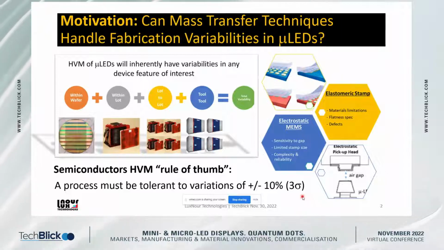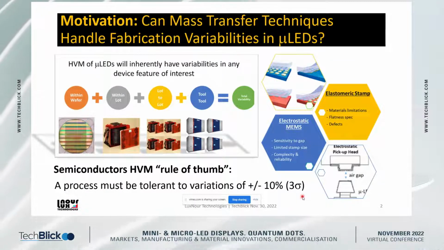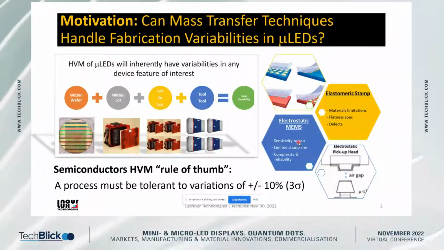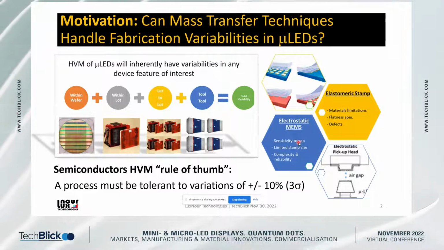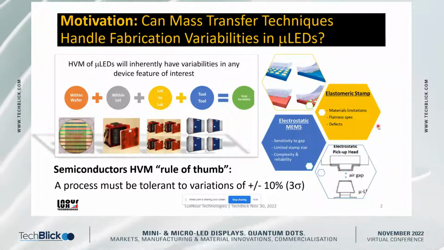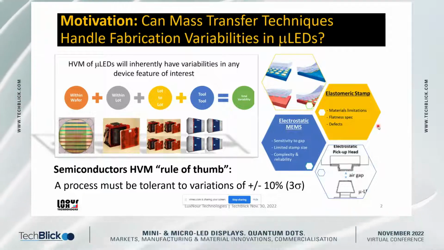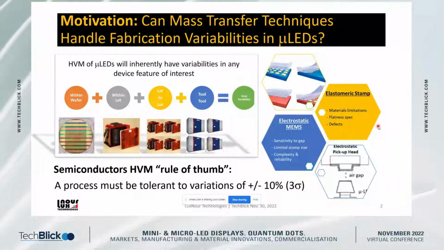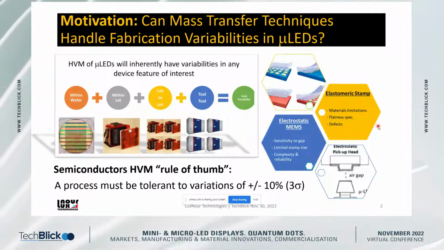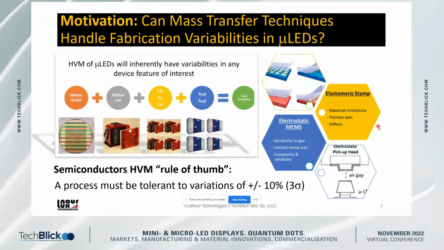And when I pose that condition and project it onto electrostatic MEMS transfer techniques, for example, or elastomeric stamp techniques, PDMS techniques, I'll find that these techniques are incapable of maintaining an HVM line due to the incompatibility with variabilities.